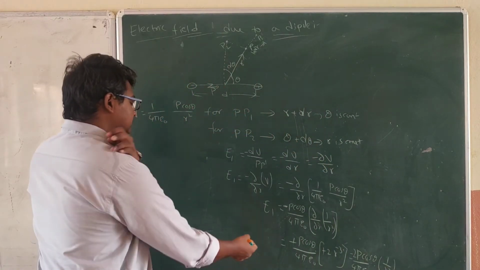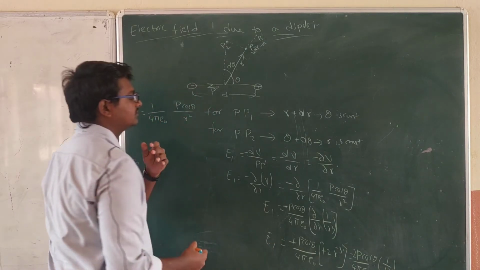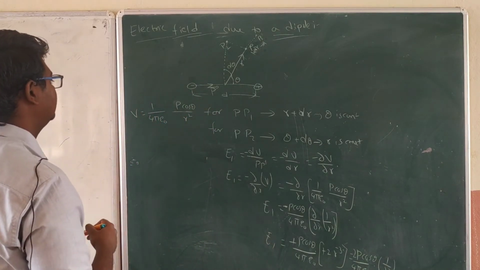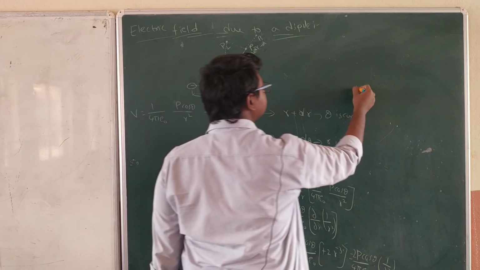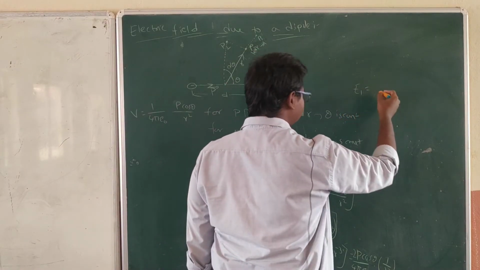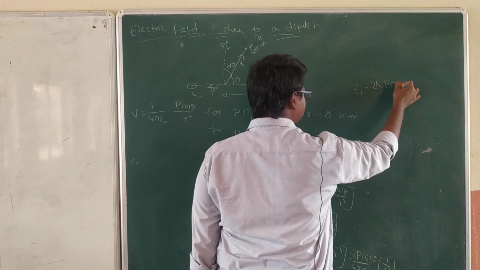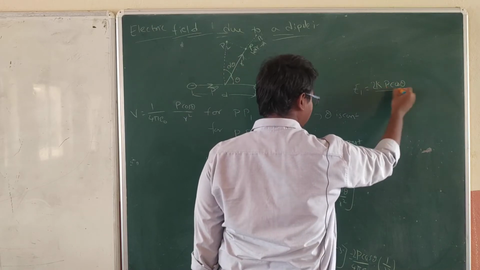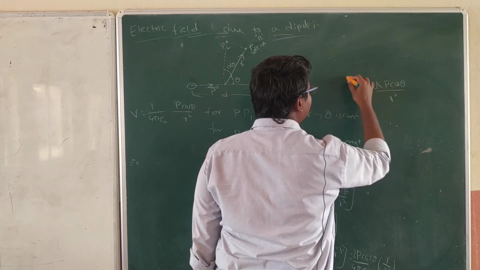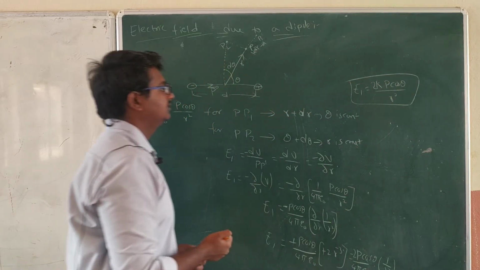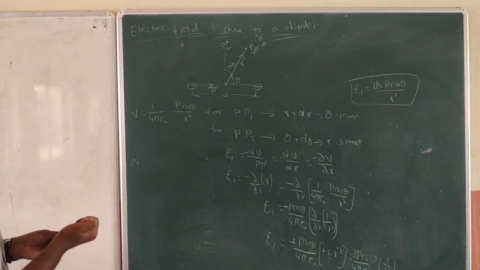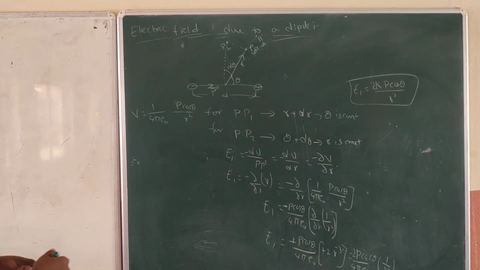This is the value of E1. E1 is equal to 2 Kp cos theta by r cube. This is the first value, E1.